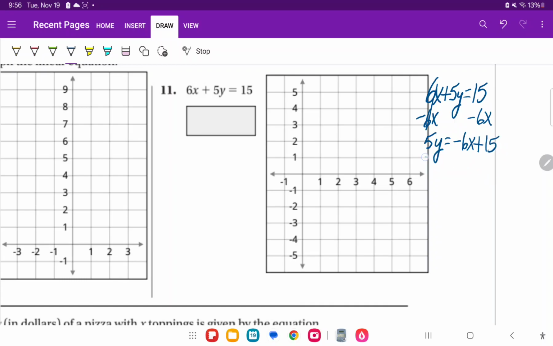Then to get the y totally by itself, we have to divide everything by 5. So that cancels here. We're left with y. Here it won't reduce, so we just leave it as a fraction, negative 6 over 5x. And then 15 divided by 5 is 3, like that. Okay, so that's what's going to go in this first blank whenever you get to putting it into the computer online.